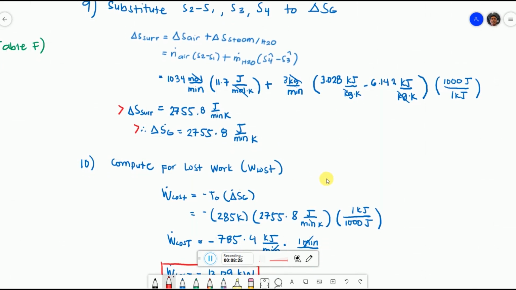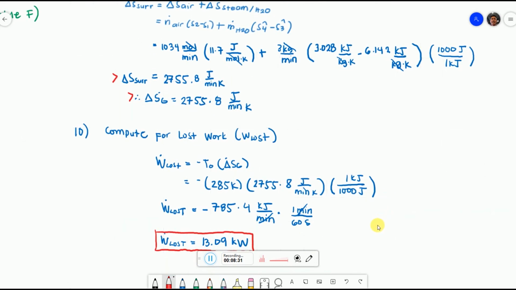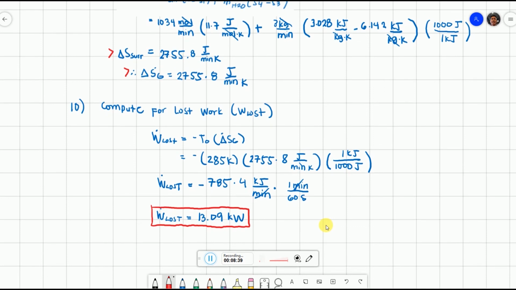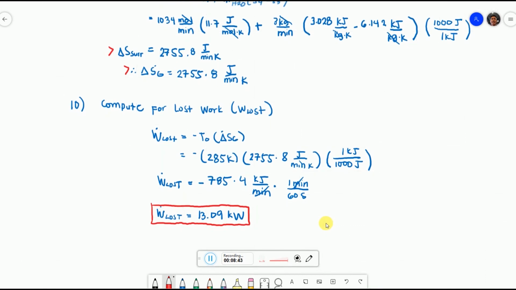Now we can compute for the lost work, W lost, which is equal to the temperature of the surroundings times the change of entropy of generation. By substituting the values, we could get the value of the lost work to be 13.09 kilowatts.